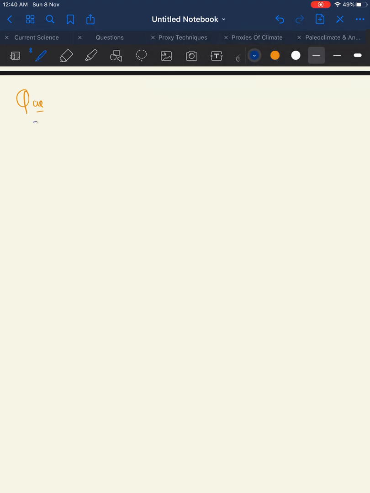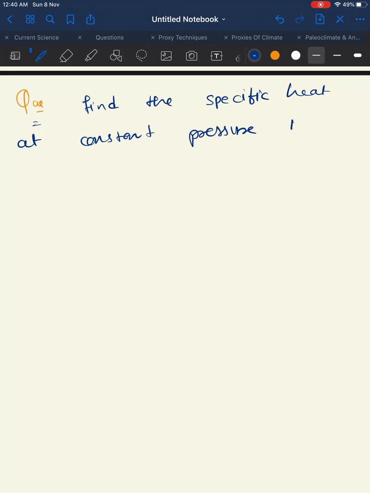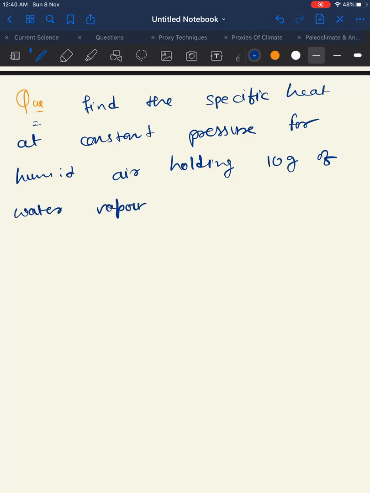Here we have a different formula actually. So find the specific heat at constant pressure for humid air holding 10 gram of water vapor per kg of dry air.